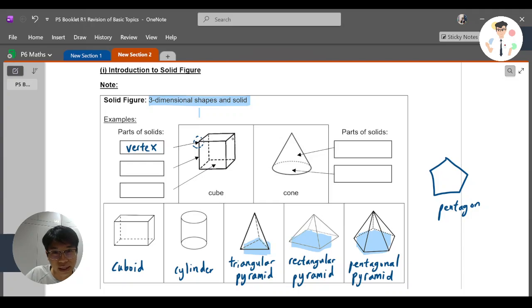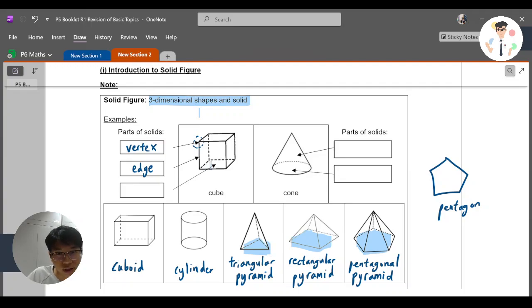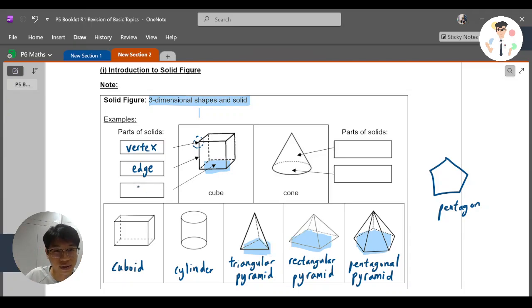All these lines, we call an edge. And how about this part that I just mentioned, all this part? We call it not base, but face. Okay, face.